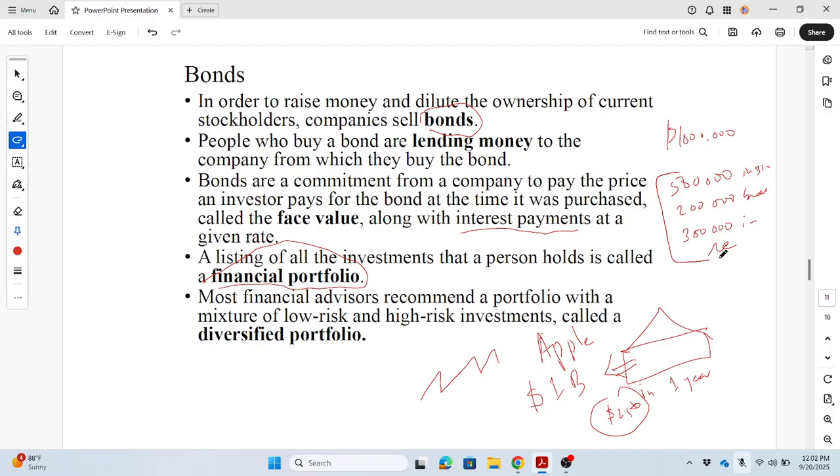So in your portfolio you have stocks, bonds, and real estate. That's called a financial portfolio. If you have different types of things in your portfolio, that's called a diversified portfolio. To manage risk, people like to diversify. Even if one thing goes down, another thing could come up, and then you minimize your risk.